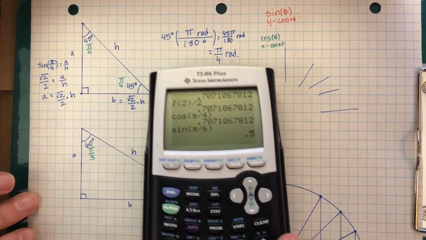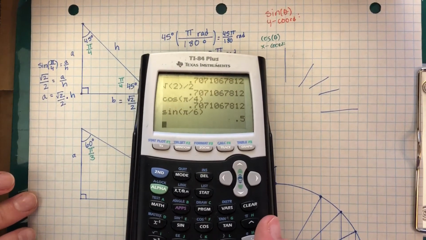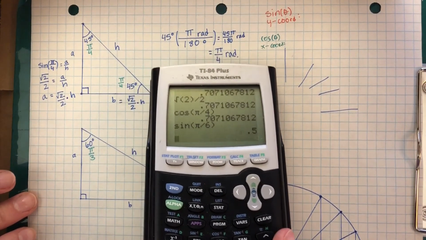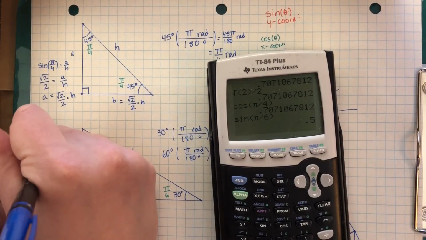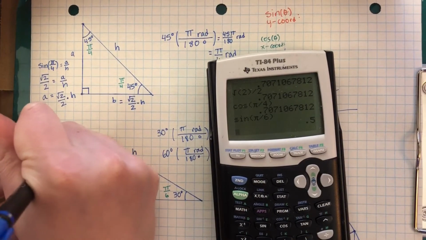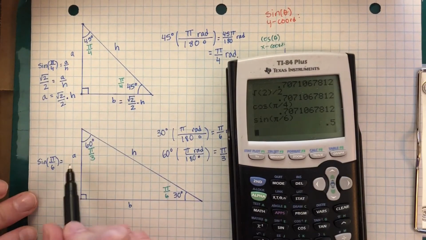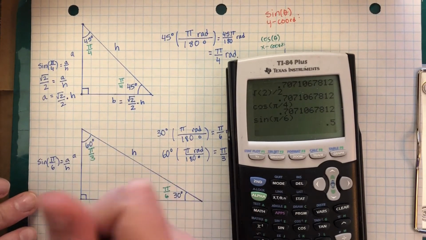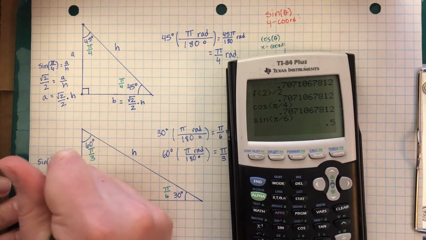And it turns out that the sine of pi over 6, or the sine of 30 degrees, is exactly 0.5 or 1/2. So sine of pi over 6 equals, we know that it's opposite over hypotenuse, so A over H, and that equals 1/2.